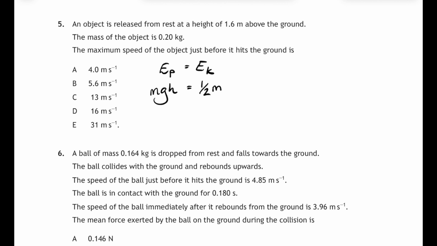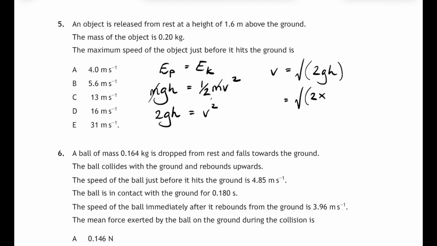So mgh at the top will be equal to a half mv squared at the bottom. Mass can cancel out here, it's the same on both sides. Then if we multiply each side by 2, we get 2gh equals v squared. And then square root each side, and we're left with v equals the square root of 2gh.